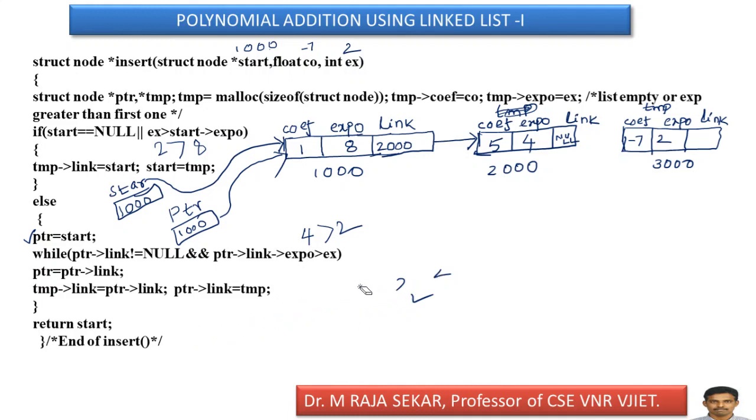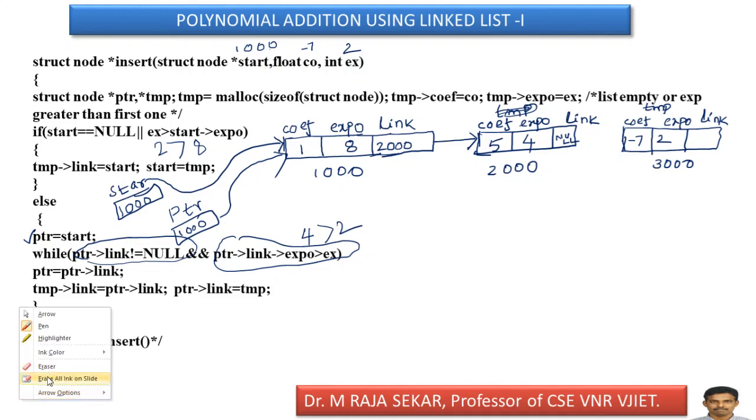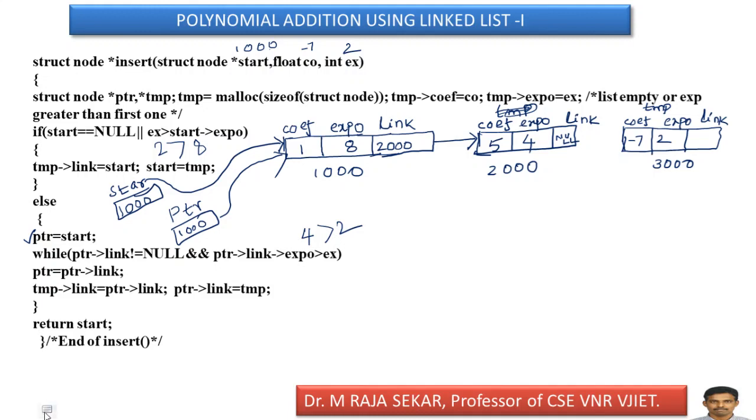If the while loop is satisfied, now where will I go? Let me choose pen. This condition is true, and this particular condition is also true. True and true is true. In the while loop body, how many statements are there? There is only one statement, because we are not keeping curly braces.